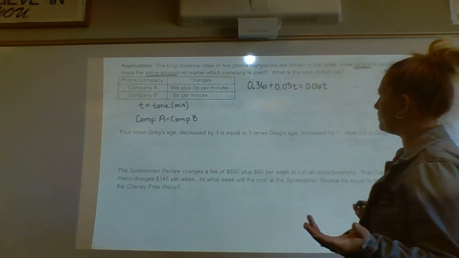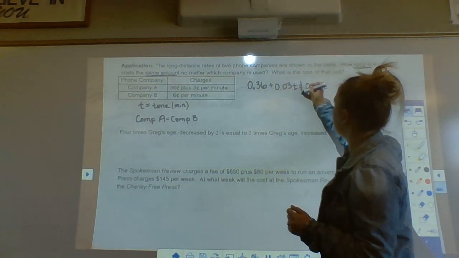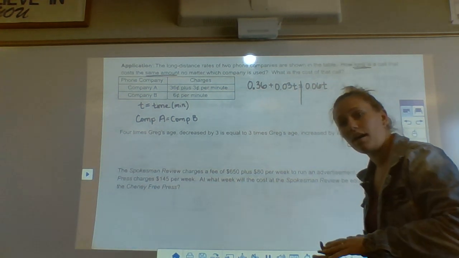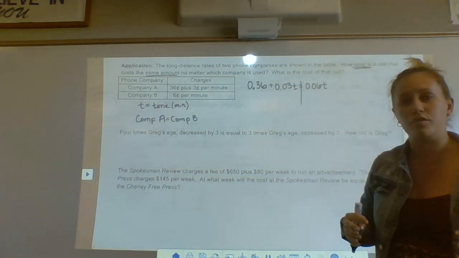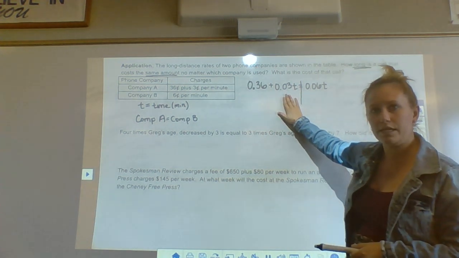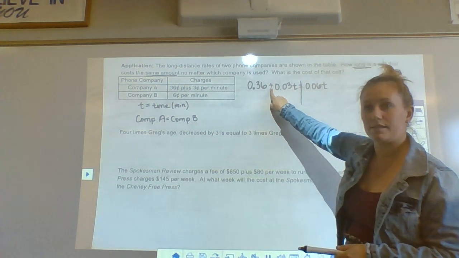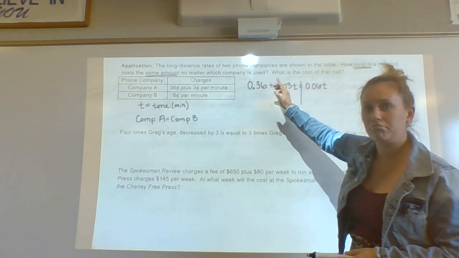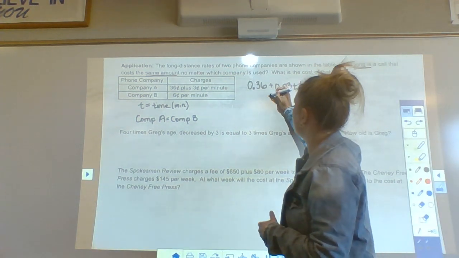We want to find the time. So I'm going to draw a line down the middle. Our rule is to get all of the variables on one side, and I'm going to move the smaller variables. So here I've got 0.03 t, and it's positive. So what's the opposite of positive? That's negative. I'm going to move this over.